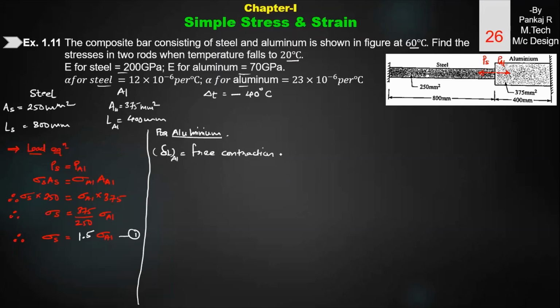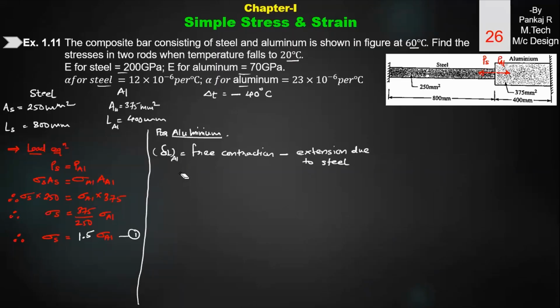Free contraction minus the extension due to steel. Have you understood this? Why am I writing extension? Aluminium wants to contract, but steel is extending it because steel is not able to contract that much. Okay, so therefore I need to write this one. Free contraction minus this one.